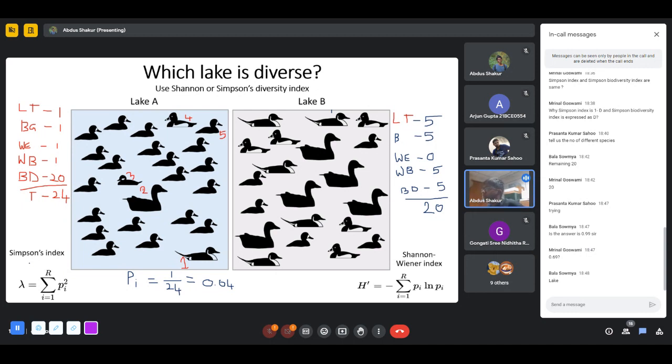But if you are trying to compare, which is what we are trying to do here, we need to calculate the same thing for both the lakes. Then you can say based on this value, this lake has higher diversity or this lake has lower diversity. So when you're writing in the chat, just write Lake A, what's the value, and then mention which index you have calculated. And similarly for Lake B.